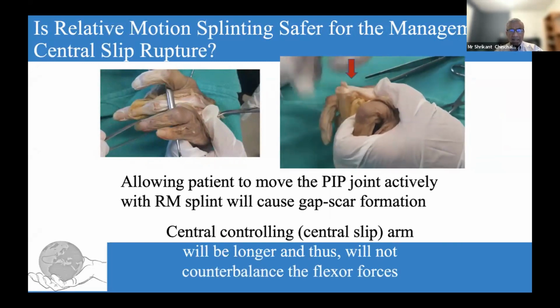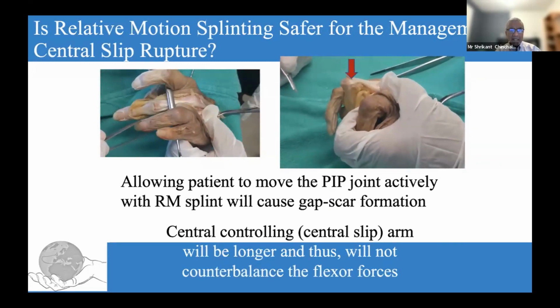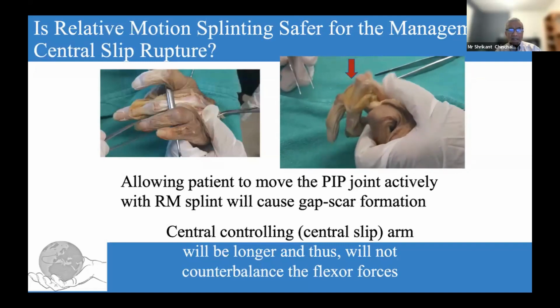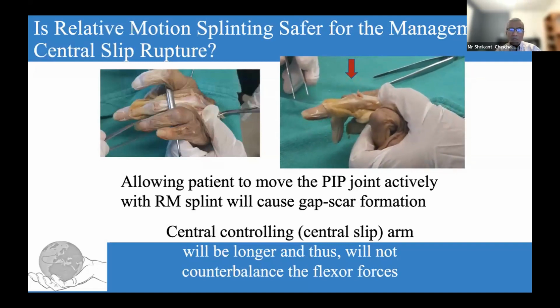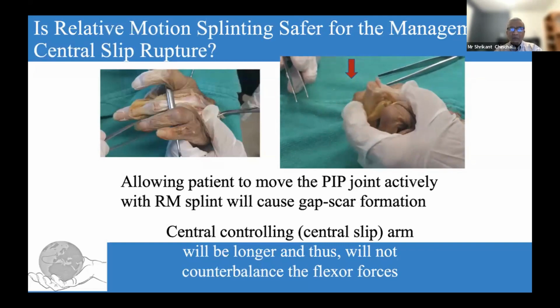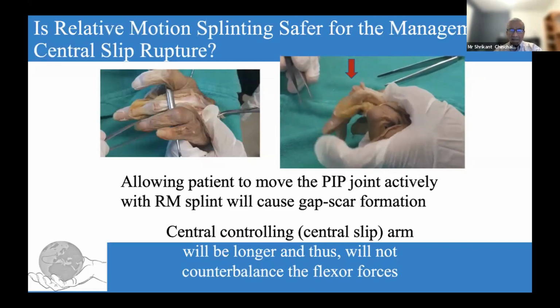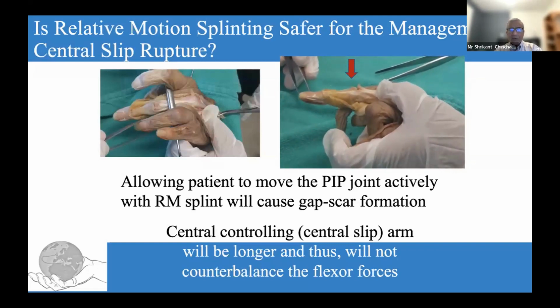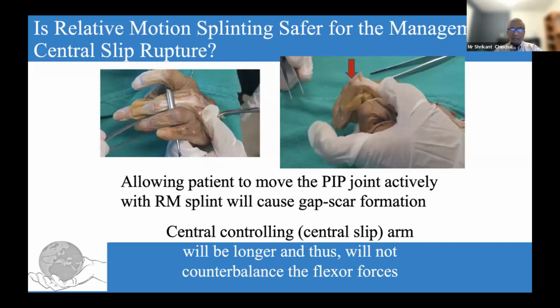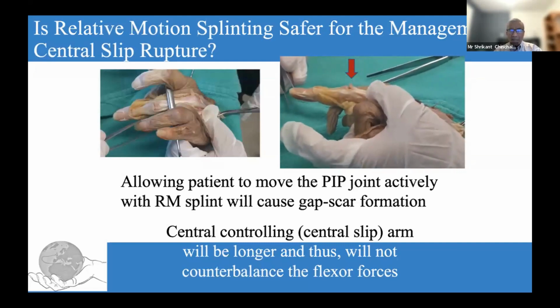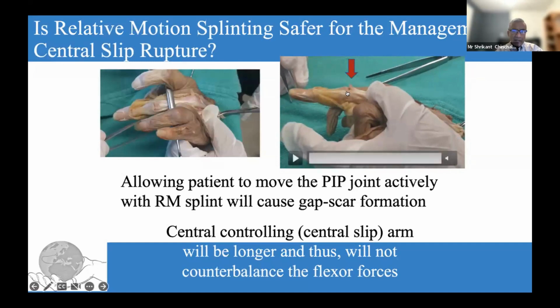And especially the central controlling mechanism will be somewhat longer than the flexors, and therefore the forces of flexors will not be able to be balanced on the dorsal side. So as a result, the patient will have a gap scar formation between the insertion site and the central slip.